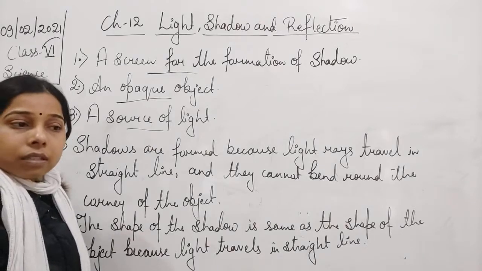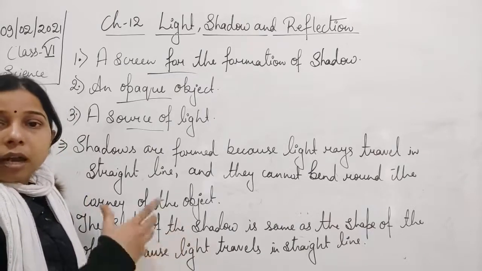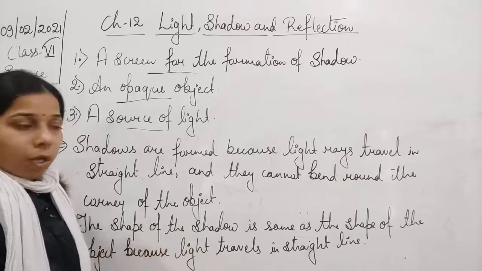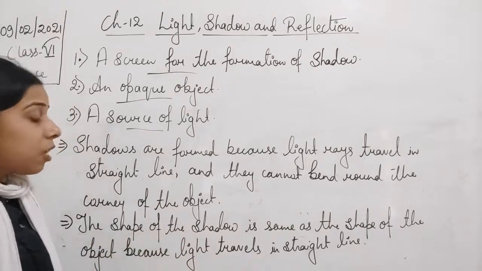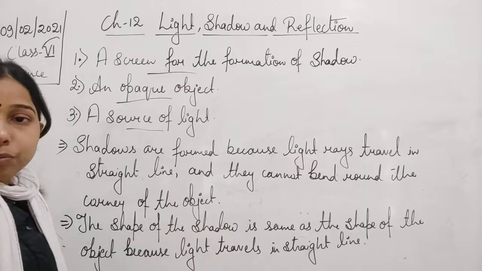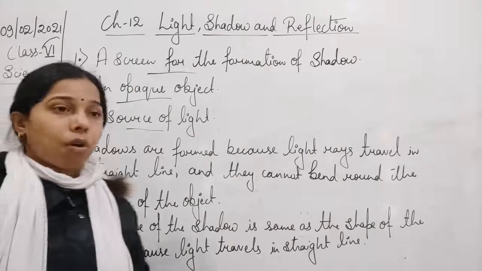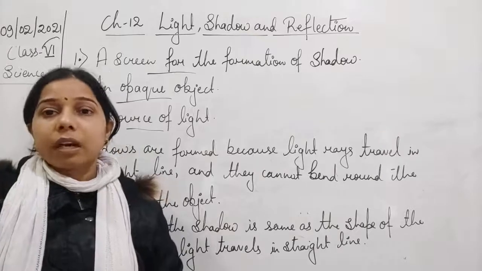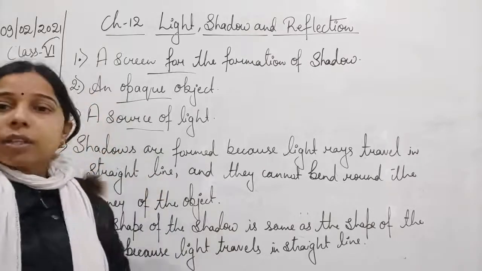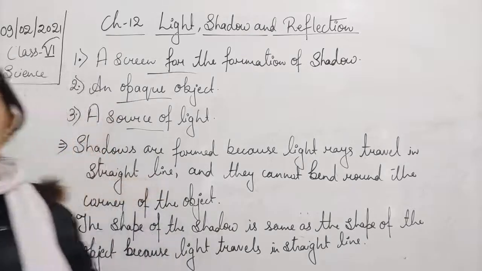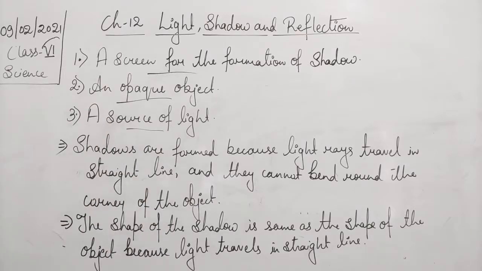So when light passes through an object, ultimately it will form the shadow. You see, students, the shape of the shadow is the same as the shape of the object. It is because light travels in a straight line. Since light travels in a straight line, the shape is also the same.